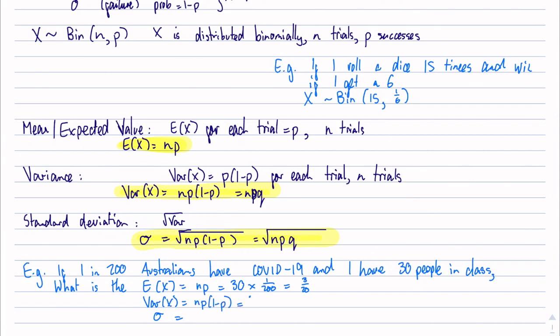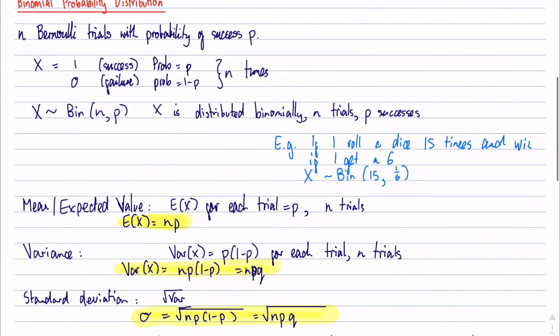So this is 30 times 1 on 200 times 199 on 200. Oh my gosh, I don't even know that. And the standard deviation is the square root of the variance, which is the square root of 30 times 1 on 200 times 199 on 200. So they're the kinds of questions you would get for that.